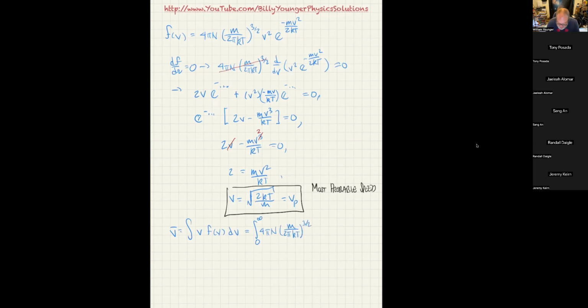Now, it normally had a v squared in there, but since I multiplied by v, it's got a v cubed now. And then that's e to the negative mv squared over 2kT dv. So that's the integral you have to compute for that.